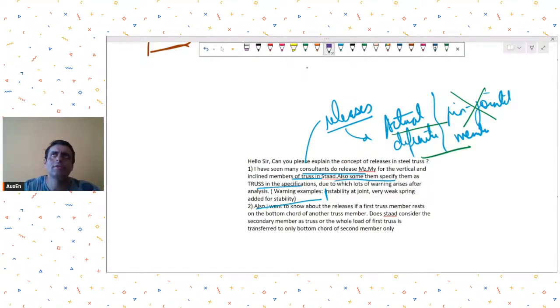There are some old British-time railway bridges in Punjab, foot over truss bridges at railway stations at a few locations, where they have gone for actual pin jointed trusses. So in our case, we don't have pin jointed trusses. Our general trusses that we fabricate are not pin jointed. So specifying truss as specification is not very appropriate.